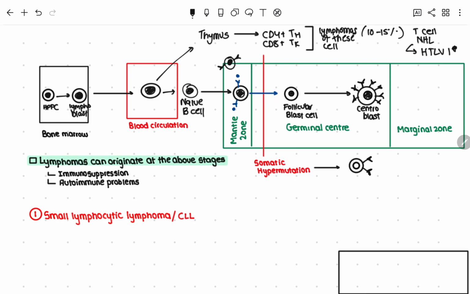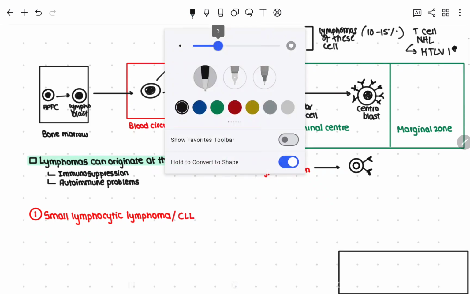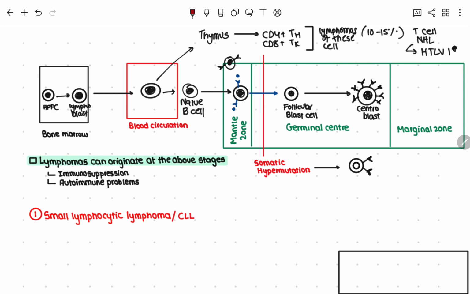And so before these centroblasts can now further differentiate into centrocytes, what needs to happen is that you need to have some sort of mechanism to check whether or not the immunoglobulins, once the somatic hypermutation has taken place, once antigen exposure has taken place, that these receptors that are present actually have a high affinity for antigens.